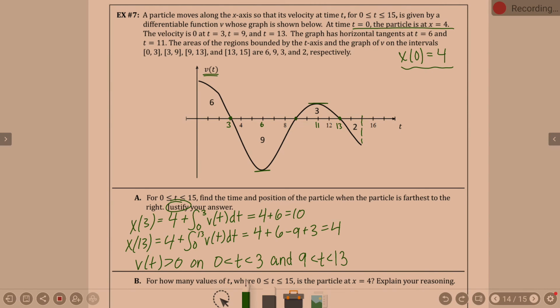Okay? So as part of my justification, the particle is farthest right at t equals 3, when x of 3 equals 10.